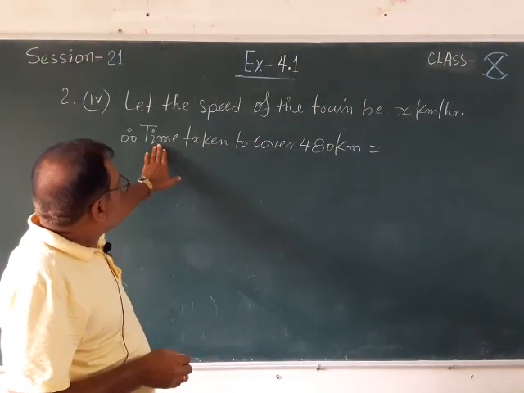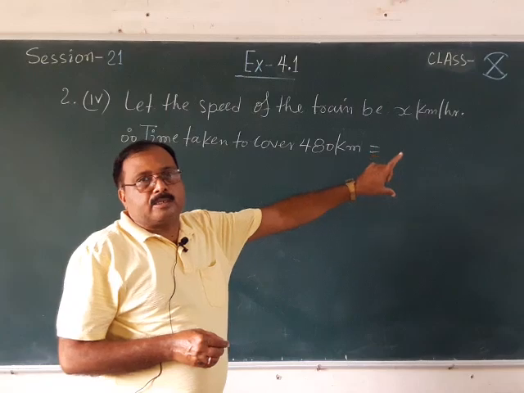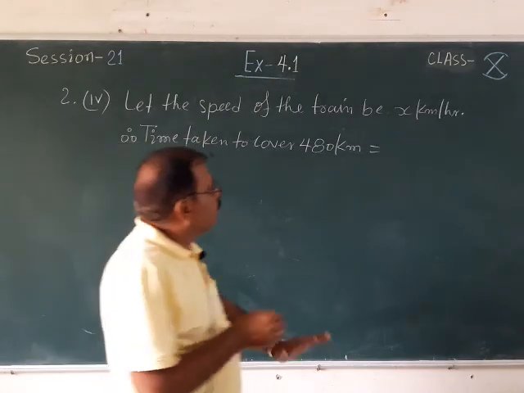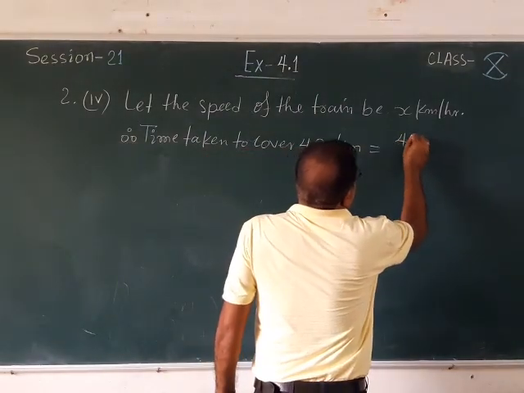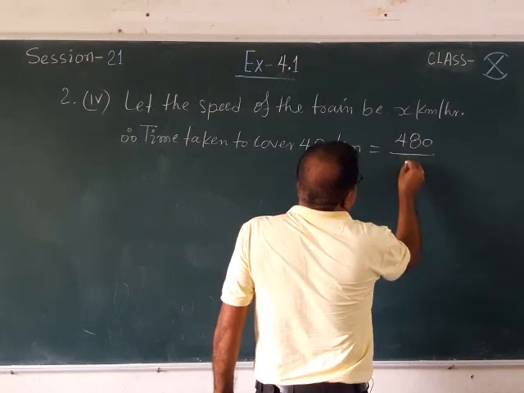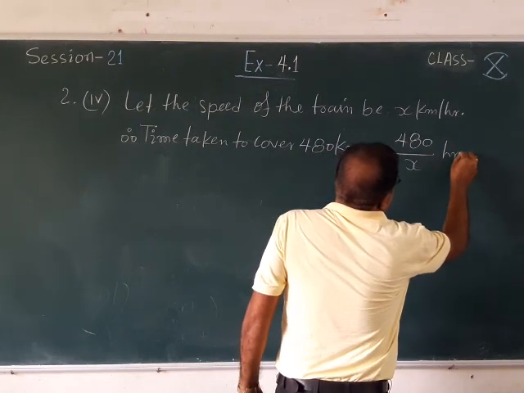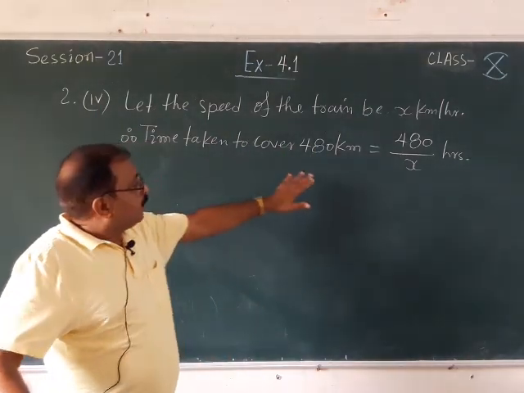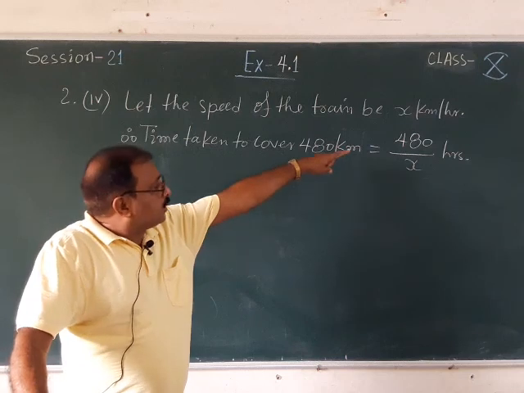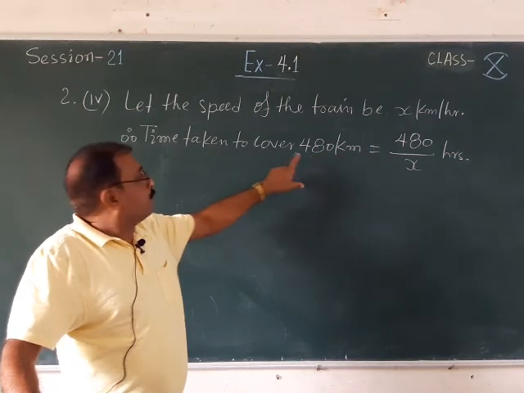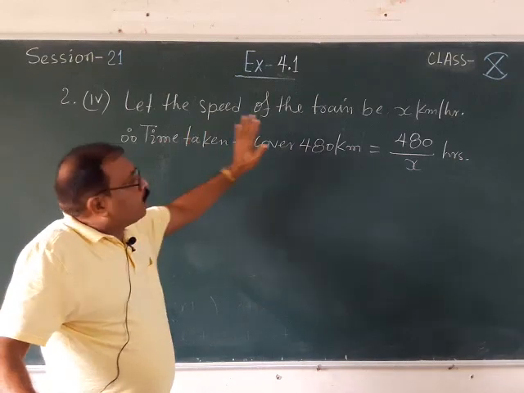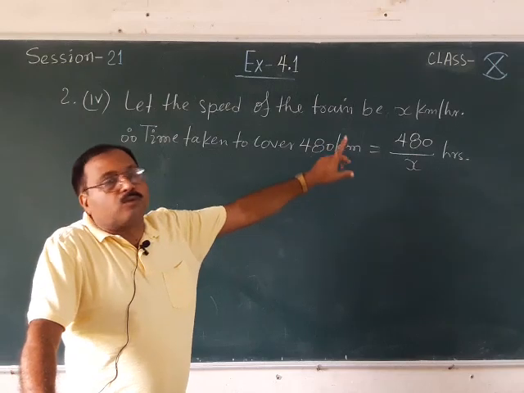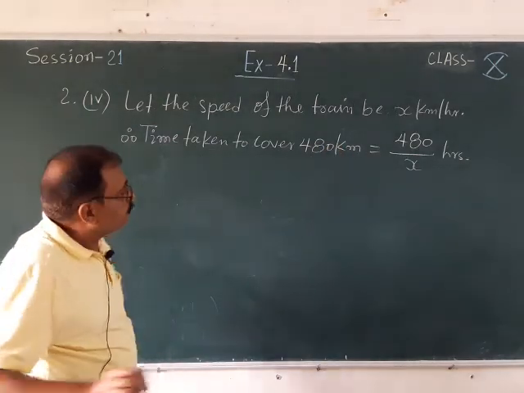Time means distance by speed. You are aware of the formula that time is equal to distance by speed. So distance is 480 kilometer and speed is x kilometer per hour, and so this much time it will take to cover 480 kilometer. So if the speed of the train is x kilometer per hour, to go 480 kilometer it will take 480 upon x hours.